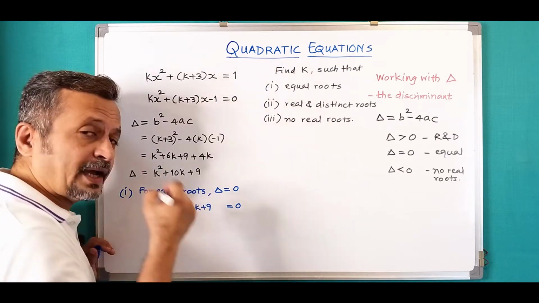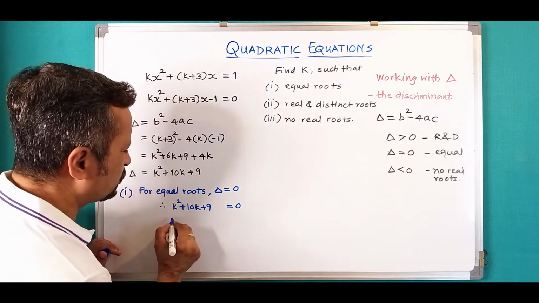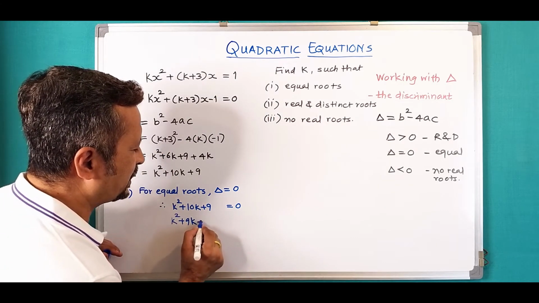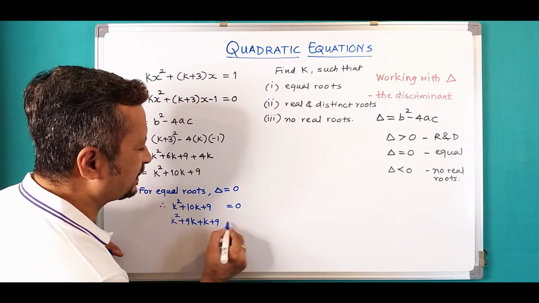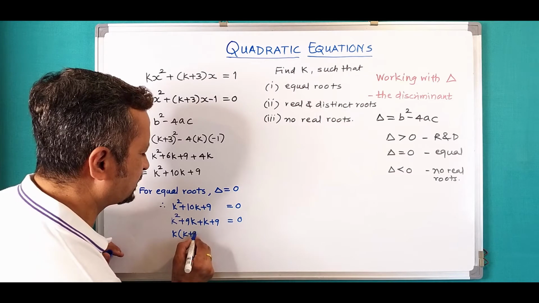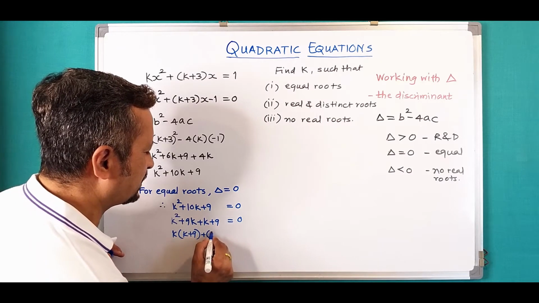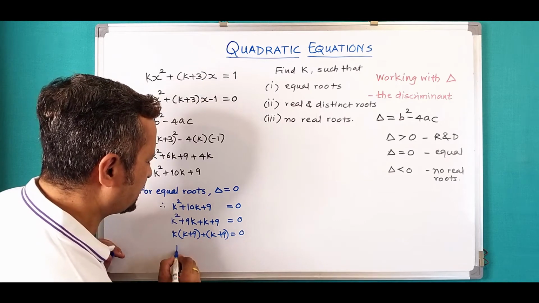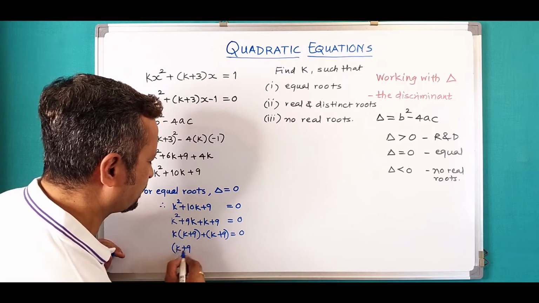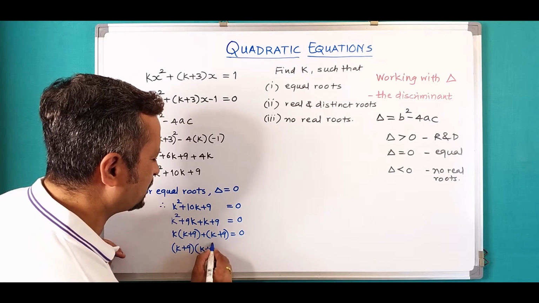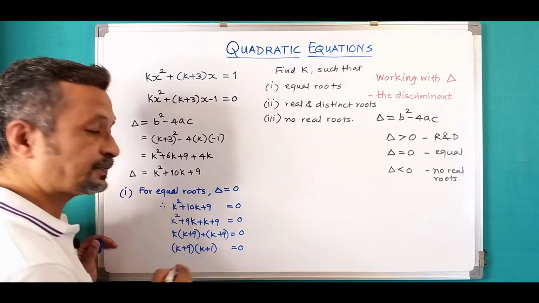My 9 is equal to 9 multiplied by 1. So k square plus 9k plus k plus 9 equal to 0. So k into (k plus 9) plus (k plus 9) equal to 0. So that is (k plus 9) into (k plus 1) equal to 0.